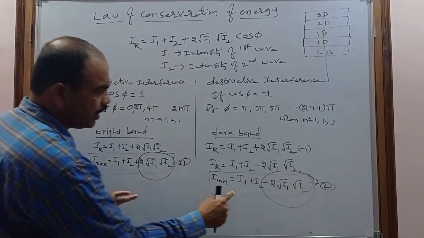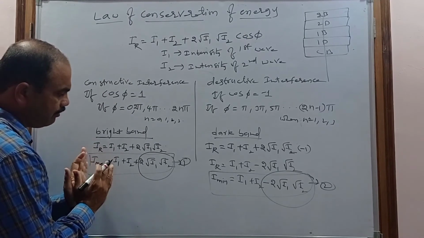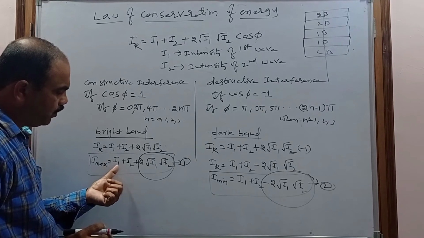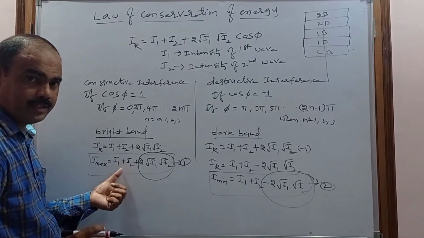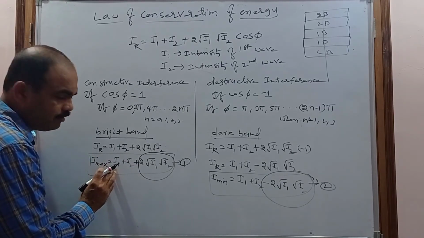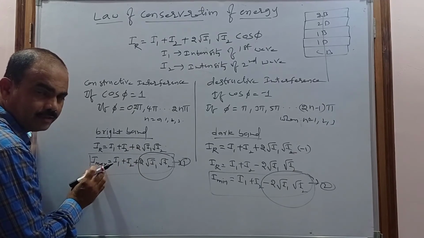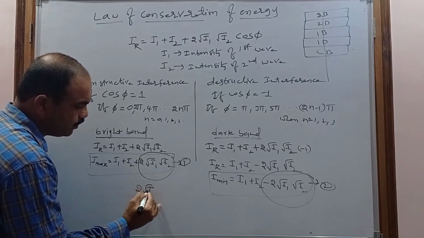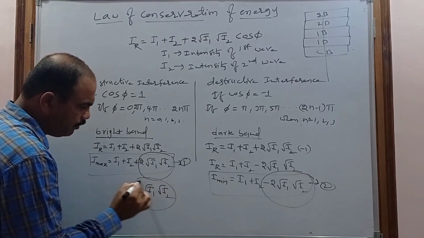I1 plus I2 is the sum of the intensities of the individual waves, so the maximum intensity will be more than that sum by how much? That is only 2 root I1 I2. So this value will be more here.